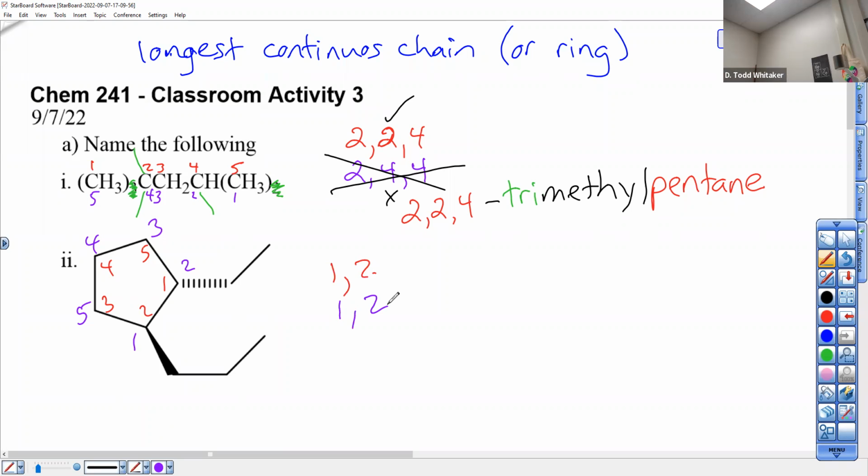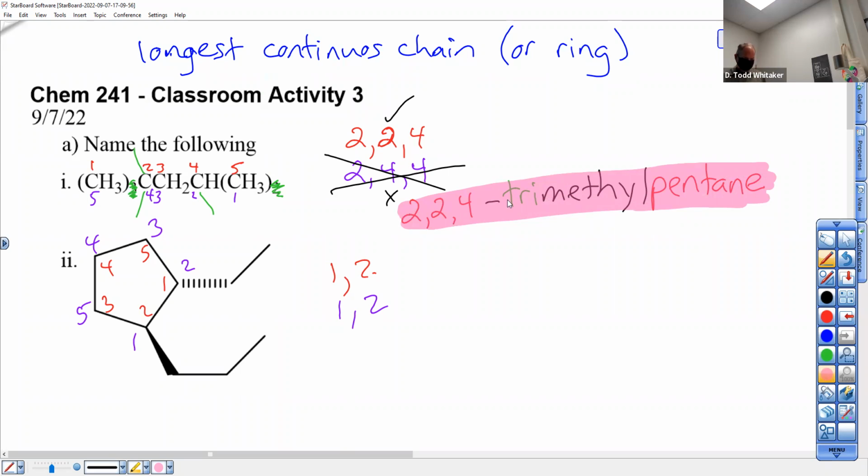But Dr. Whitaker says this rule is just one rule too many. I don't grade this rule. So in this case, I'm going to grade either answer for 100%. In the first one, you got 100% for that name only. That's the only name that'll get you 100%. In this one, we'll have two names.